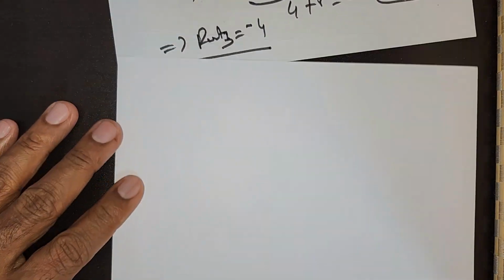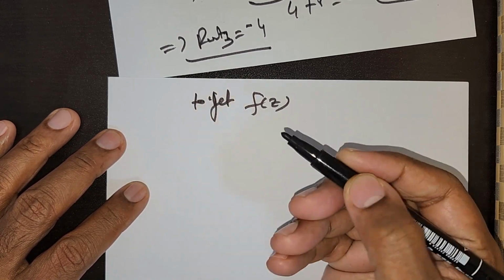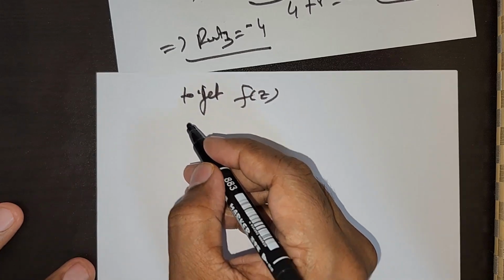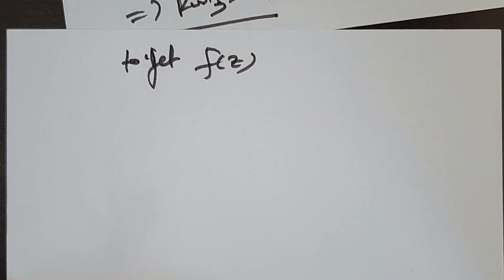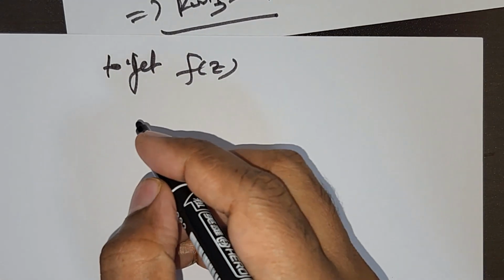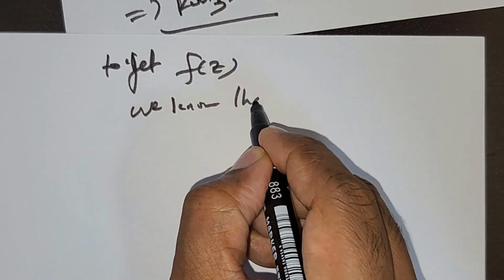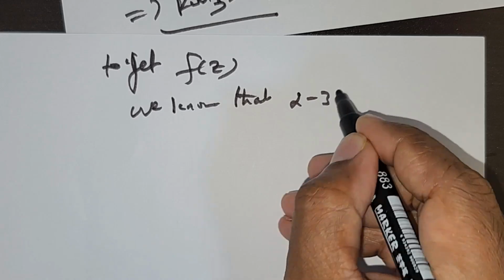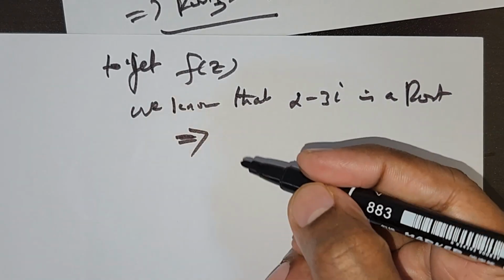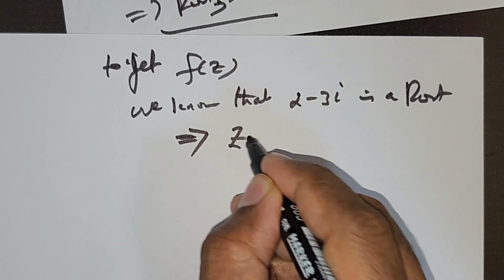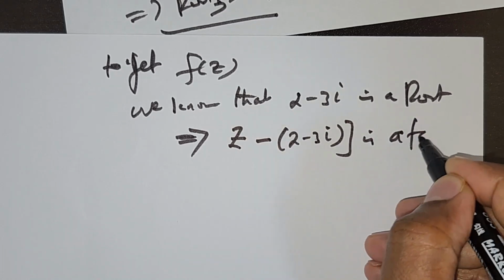So let me show you. To get f of z, how do we do that? We know that 2 minus 3i is a root, so z minus (2 minus 3i) is a factor.